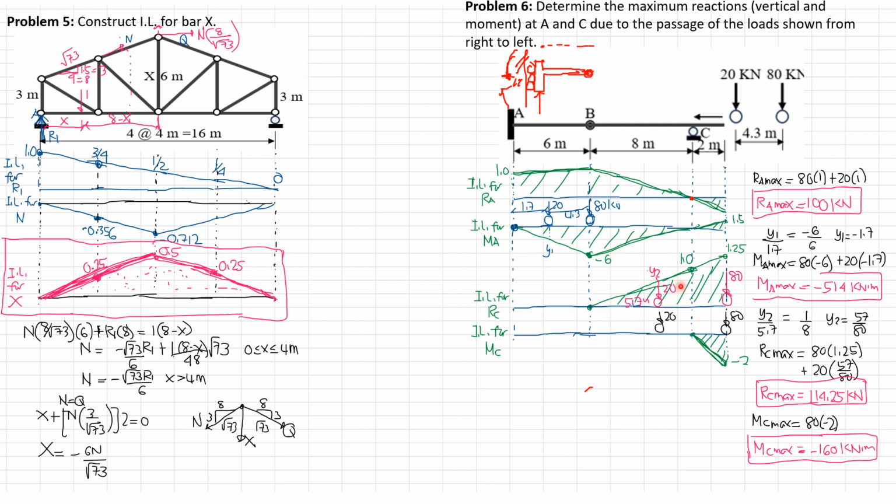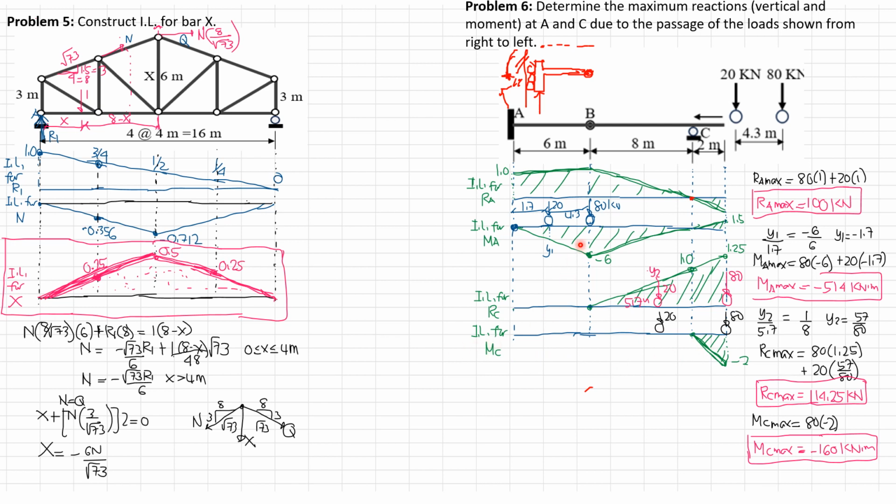So 10 divided by 8 is 1.25. That's why that's 1.25. Of course, it will be 0 here. If you push this upward, it will just pivot there. This is not affected. Then finally, for moment at C, we simply replace this with a hinge, apply a positive moment. This will look like that. So that's why this is the influence line for moment at C.